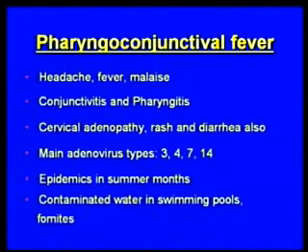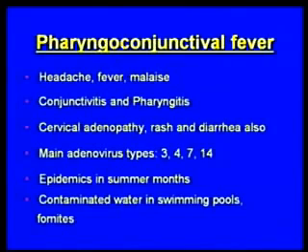But going from lower tract to upper tract, pharyngoconjunctival fever is a syndrome where you have pharyngitis, headache, and fever, and other constitutional symptoms, and conjunctivitis. And because of the involvement of these areas, you have cervical adenopathy, and you can also have preauricular adenopathy.